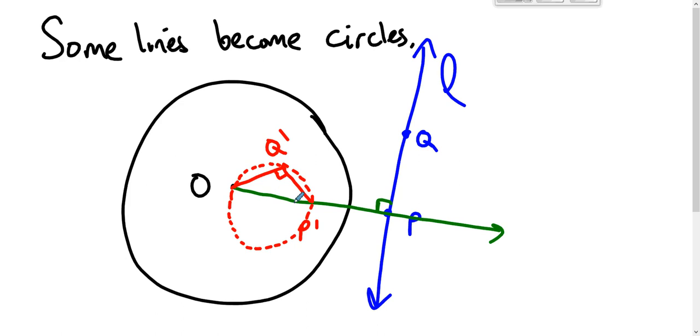That means that OP prime is the diameter of a circle. You'd never know it from my diagram. Gosh, that's hideous. OP prime is a diameter of a circle containing Q prime. And so for every one of these points, we get a point on this red circle. Lines become circles under Euclidean inversions.